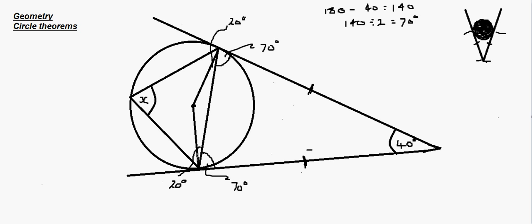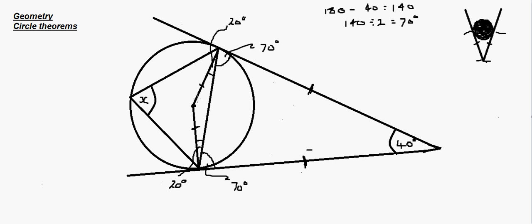Because this is a radius and this is a radius, they're equal length. So this angle and this angle must be the same. Now if this is a radius and this is a radius, then these two sides are equal, so these two angles are equal, because this small triangle here is also an isosceles triangle.